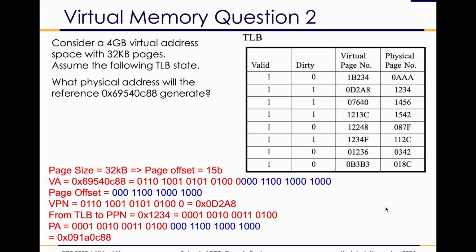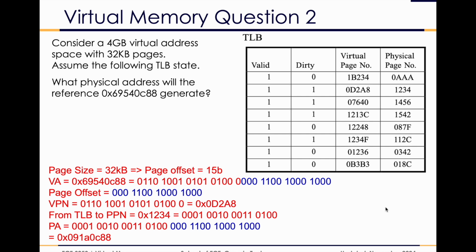The first thing you know is that the page sizes are 32 kilobytes. So we can use this to find the offset by doing the log base 2 of 32K, which is 15 bits. So we take the least significant 15 bits off our virtual address to be used as the offset.